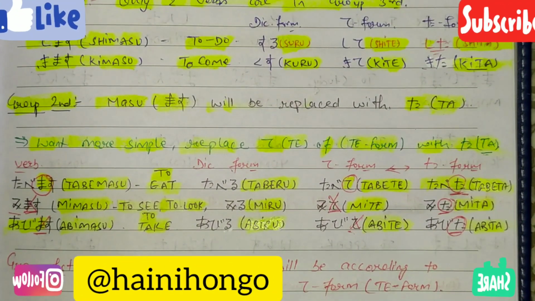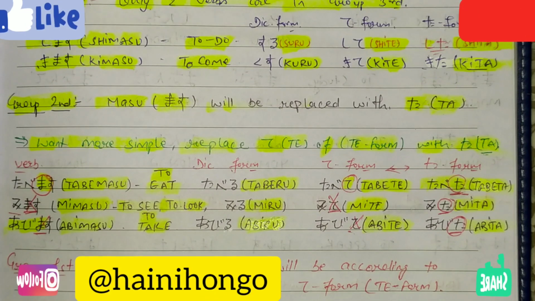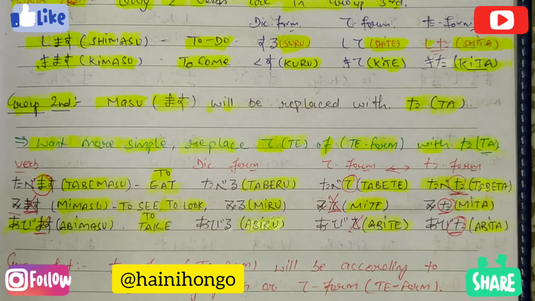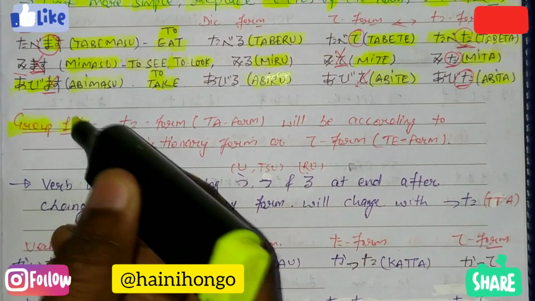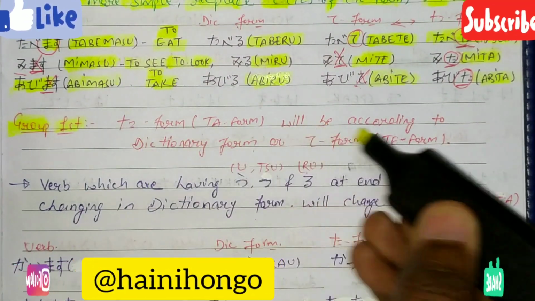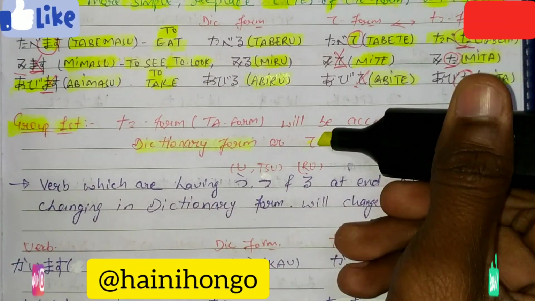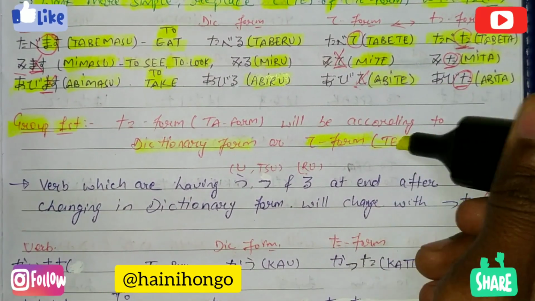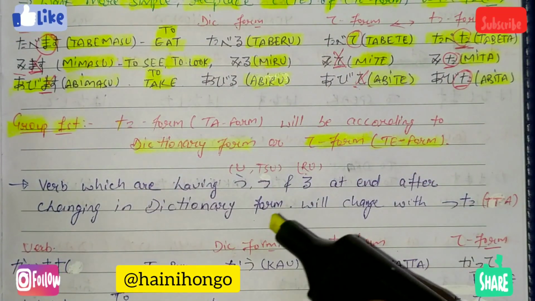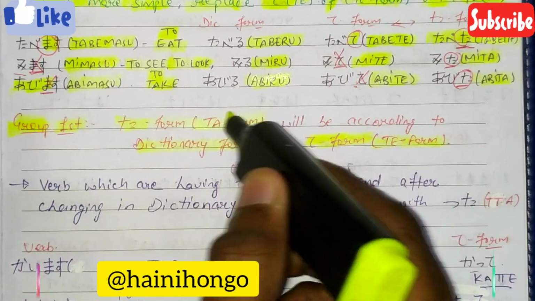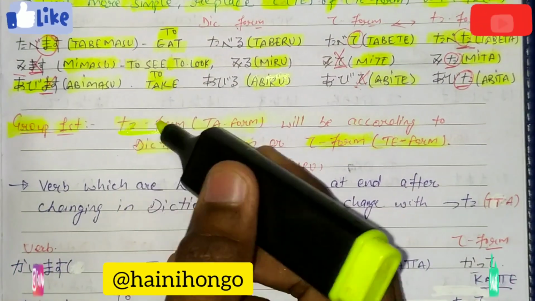Now let's move to group first. It's a little bit complicated. You guys will have to focus on it. For group first, the ta form will be according to the dictionary form or te form. I'll explain with examples. You guys can take a snapshot of all these things.